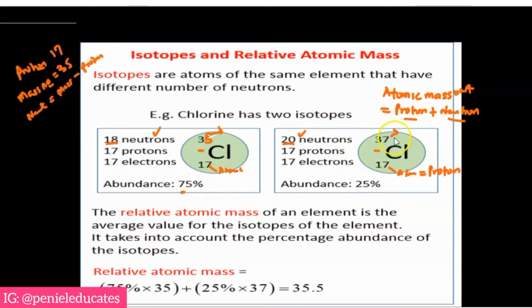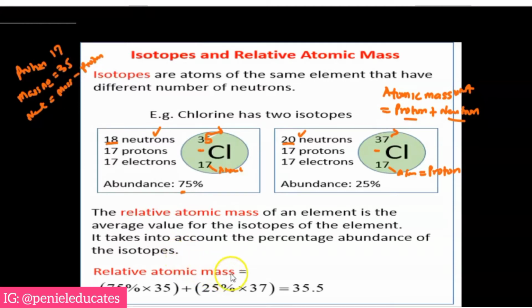Then we have chlorine of mass 37 that has 25% abundance. That means we have more of chlorine of mass 35 than chlorine of mass 37. Now, the relative atomic mass of an element is the average value of the isotopes of the element. It takes into account the percentage abundance of the isotopes. I'm still going to discuss that in the next slide.